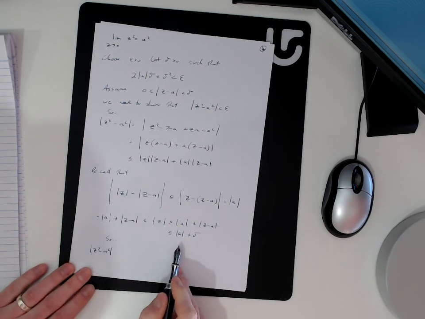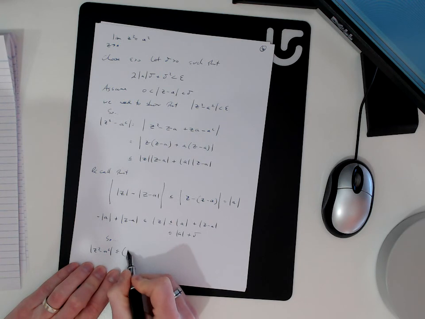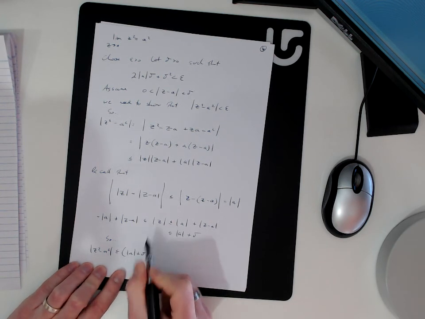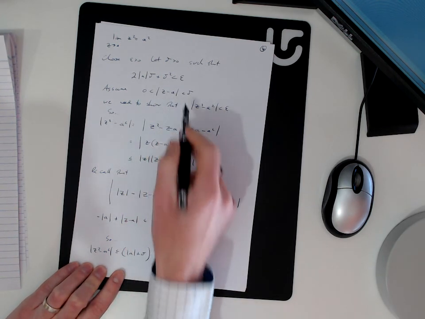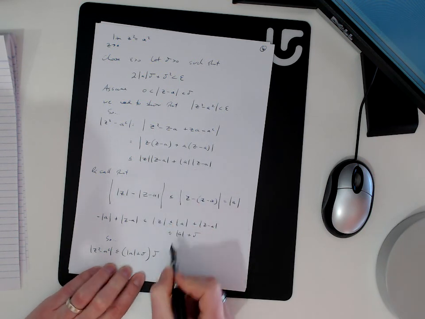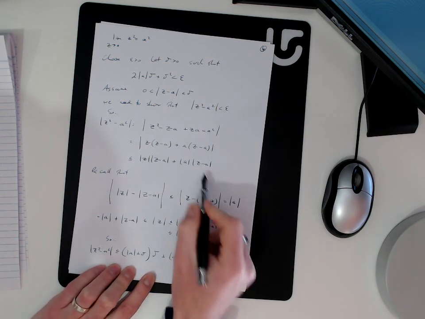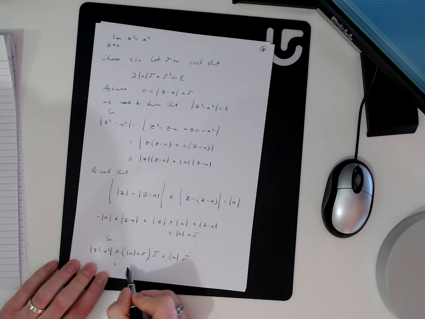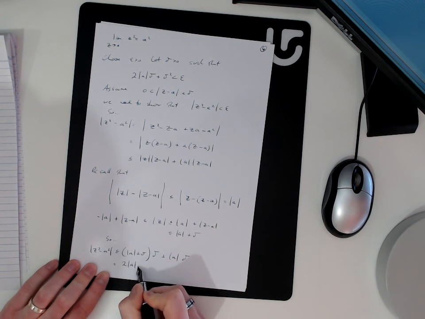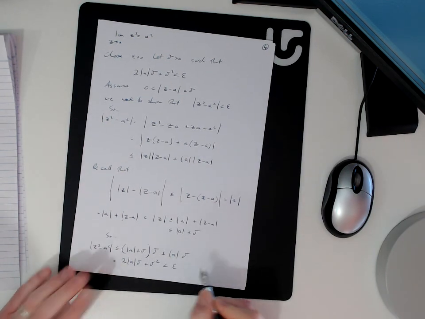There's my |z|, I have this bound on it, so that's |a| + δ, and there's a |z − a|, which I know is less than δ, plus |a|, and there's a δ, and that is equal to 2|a|δ + δ², which is less than ε. So it's true.